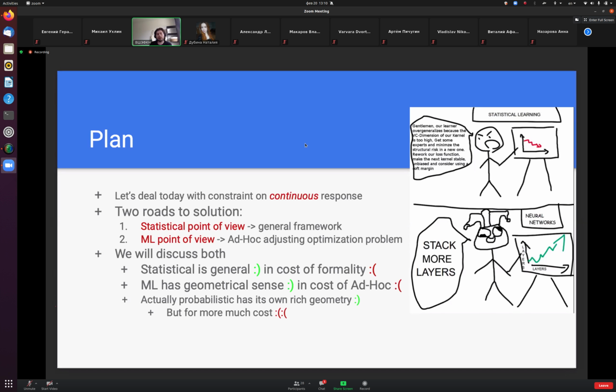But this simplicity and geometrical beauty come at the cost of solving each problem ad hoc. Basically, for the first approach, we will touch classification and counting problems, and for the ML approach, we will only touch classification problems, because at least I don't know a way, from the machine learning point of view, to generalize it to counting problems.